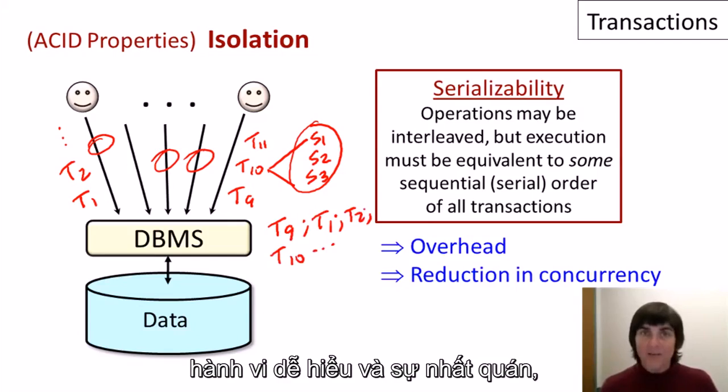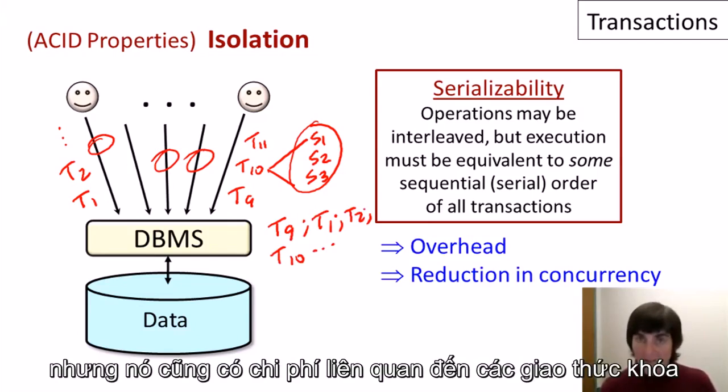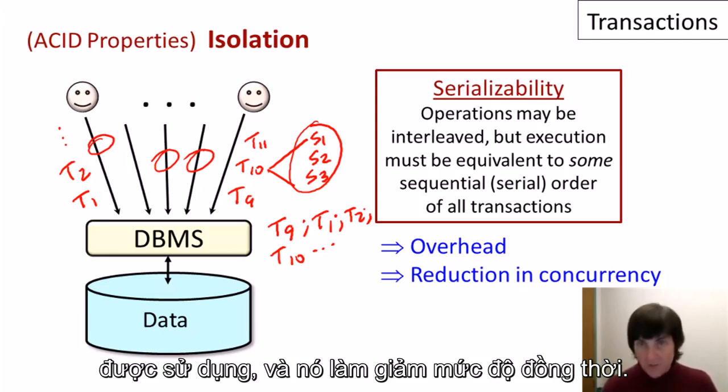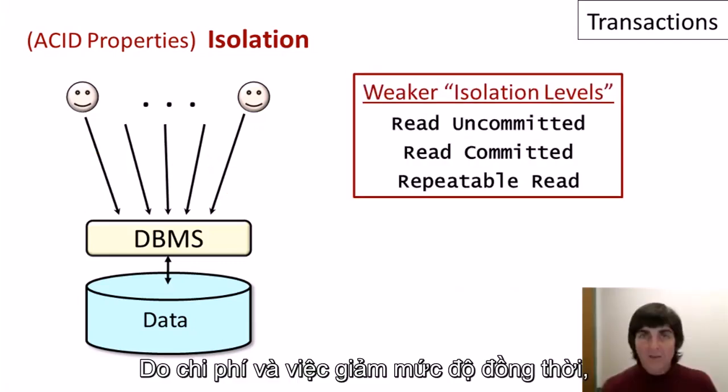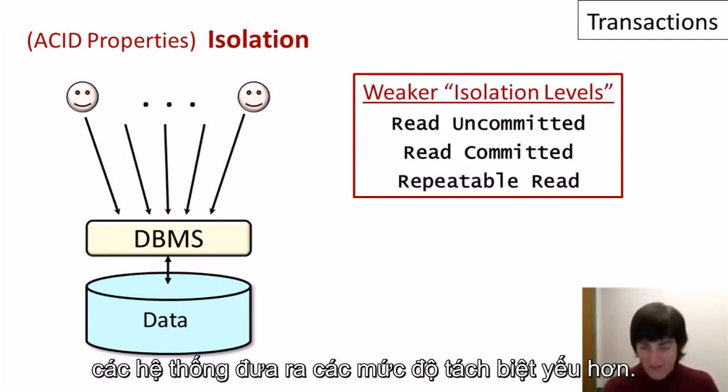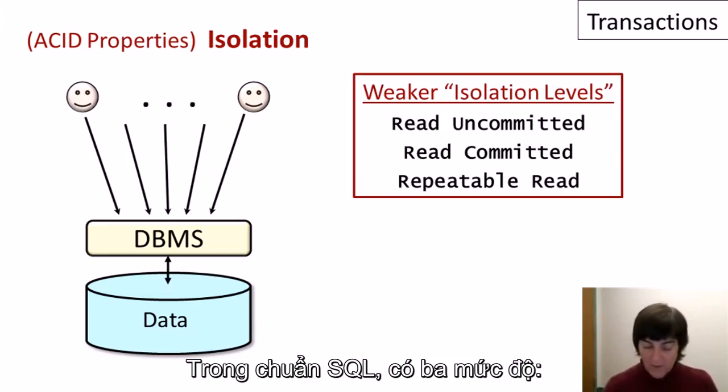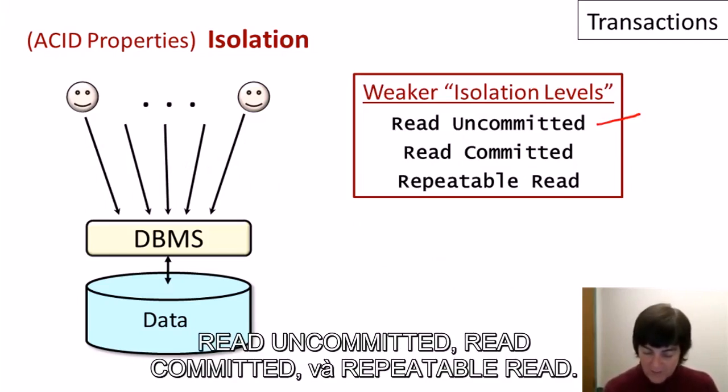Serializability gives us understandable behavior and consistency, but it does have some overhead involved in the locking protocols that are used, and it does reduce concurrency. As a result of the overhead and reduced concurrency, systems do offer weaker isolation levels. In the SQL standard, there are 3 levels: read uncommitted, read committed, and repeatable read.